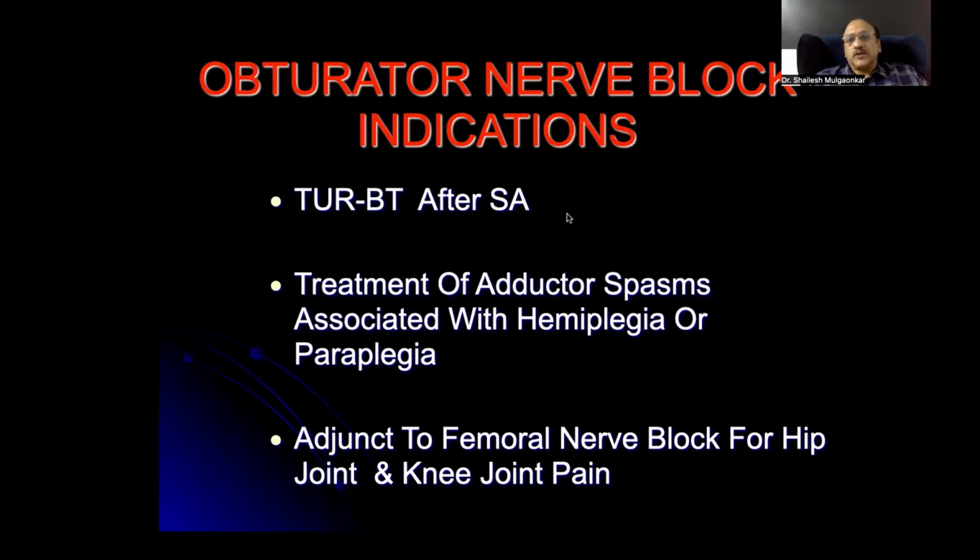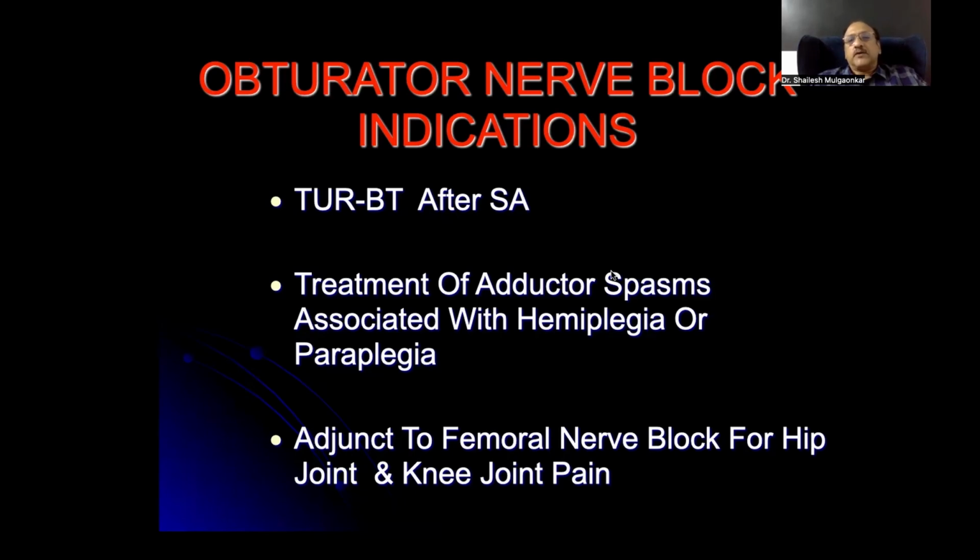If there is a tumor on one side of the bladder, when they do a transurethral resection and use a higher current cautery, the obturator nerve can suddenly get stimulated directly by the current, and the patient is in lithotomy, and suddenly they get an obturator reflex, a sudden jerky movement of the adductors, and by mistake the bladder can get ruptured. That's why after spinal, whichever side the tumor is, you have to give that side obturator nerve block.